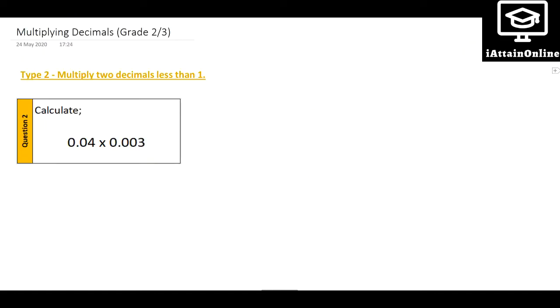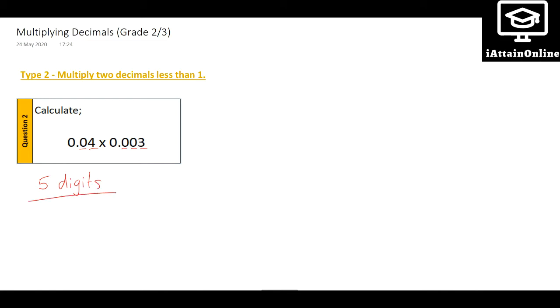So you also need to be able to multiply 2 decimals where both of the decimals are less than 1. And a lot of people get caught out by these questions. So as before, I'm just going to underline any digits that happen after a decimal point, and then I'm going to count the total number of digits that I've underlined. So in this case, there are 1, 2, 3, 4, 5 digits after my decimal.